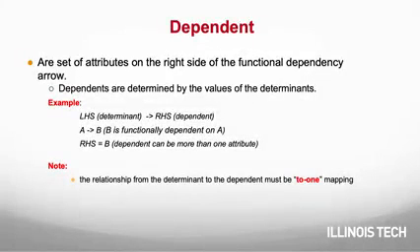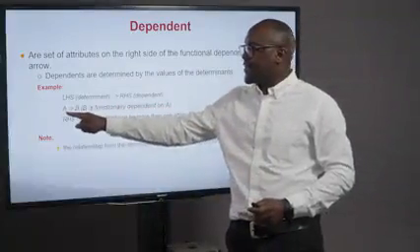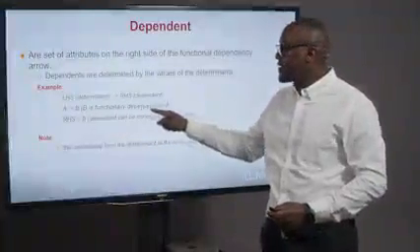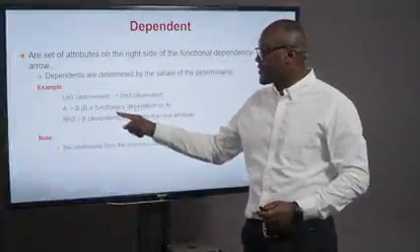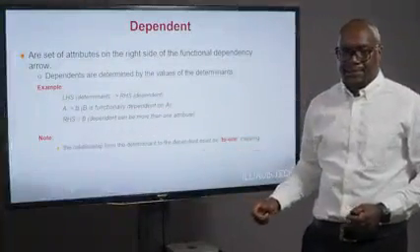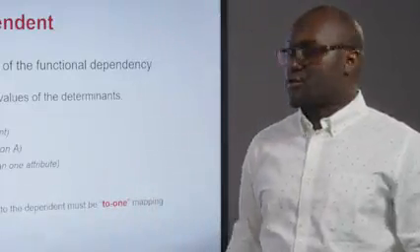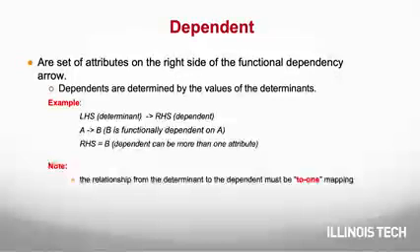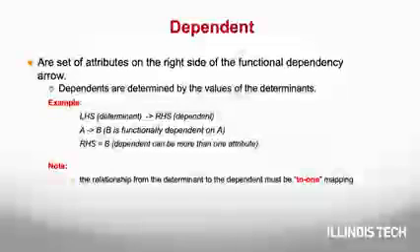Still using the same functional dependency, A pointing towards B, we literally say that B is functionally dependent on A. The right-hand side here consists of only one attribute, which is B, and the dependent can also be a set of attributes, which can be more than one attribute.